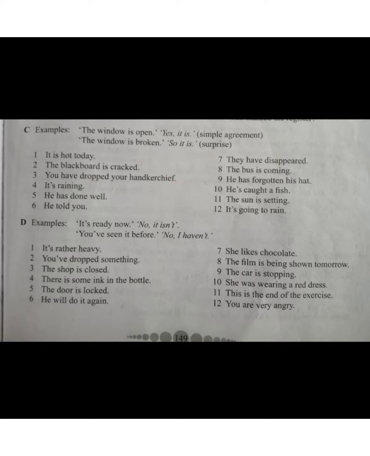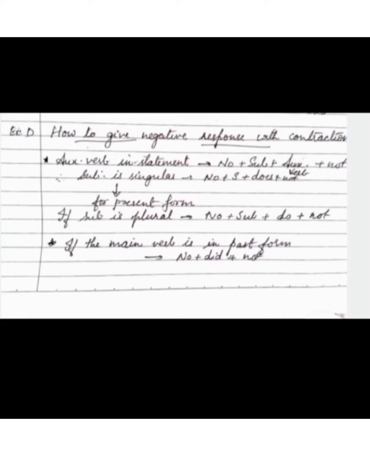Now coming up to exercise D, children, here we have to give negative responses in contractions. Okay. Here you see, when an auxiliary verb is in the statement, the response will be no plus subject plus auxiliary verb plus not.